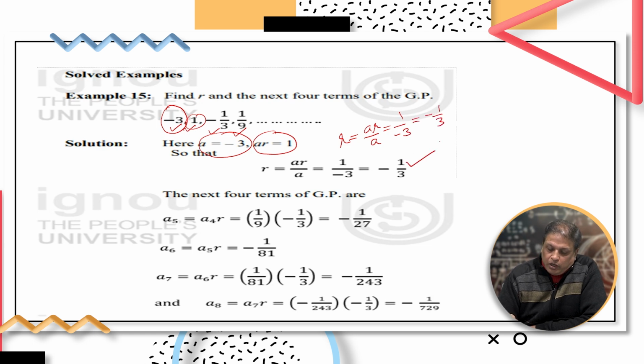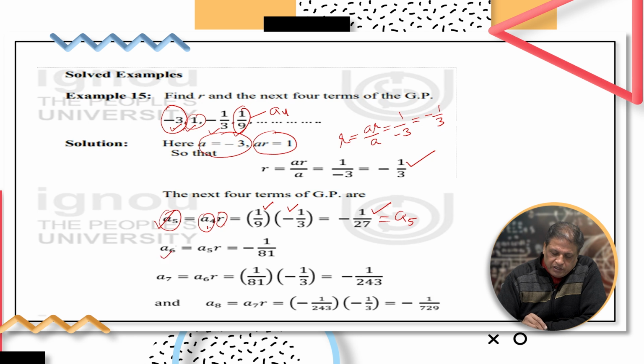So, the next four terms of the GP, 1, 2, 3, 4, so we are supposed to find the fifth term. The fifth term will be equal to the common ratio r multiplied by the fourth term, then only we can get the fifth term. That means a4 into r. What is the fourth term? This is your a4. So a4 is 1 by 9 into r, that is minus 1 by 3. 9 times 3 is 27, that is minus 1 by 27, which will be your fifth term a5.